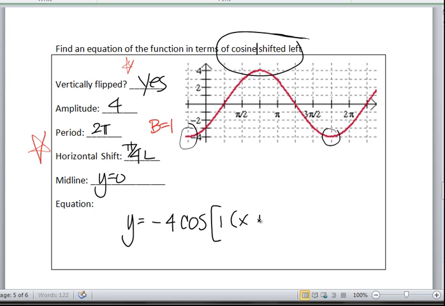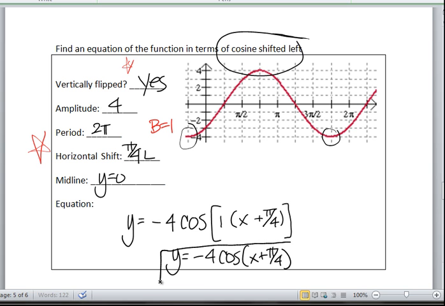And then this is x plus pi over 4, right? Because we are shifted pi over 4 to the left. And then our midline is 0, so we don't have to do anything with that. So simplified, we get y is equal to negative 4 cosine of x plus pi over 4. And that's our equation of this function if it's cosine shifted to the left.